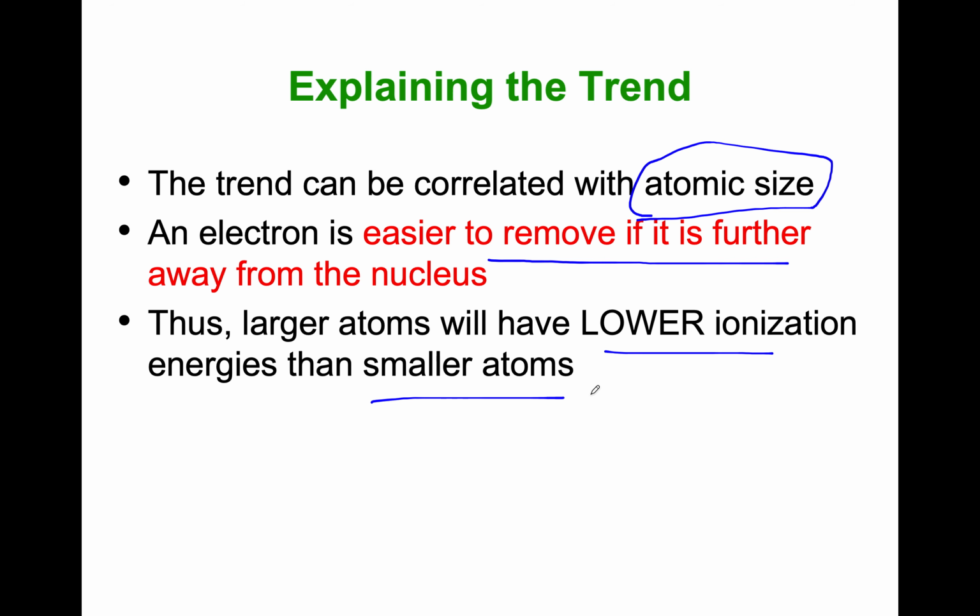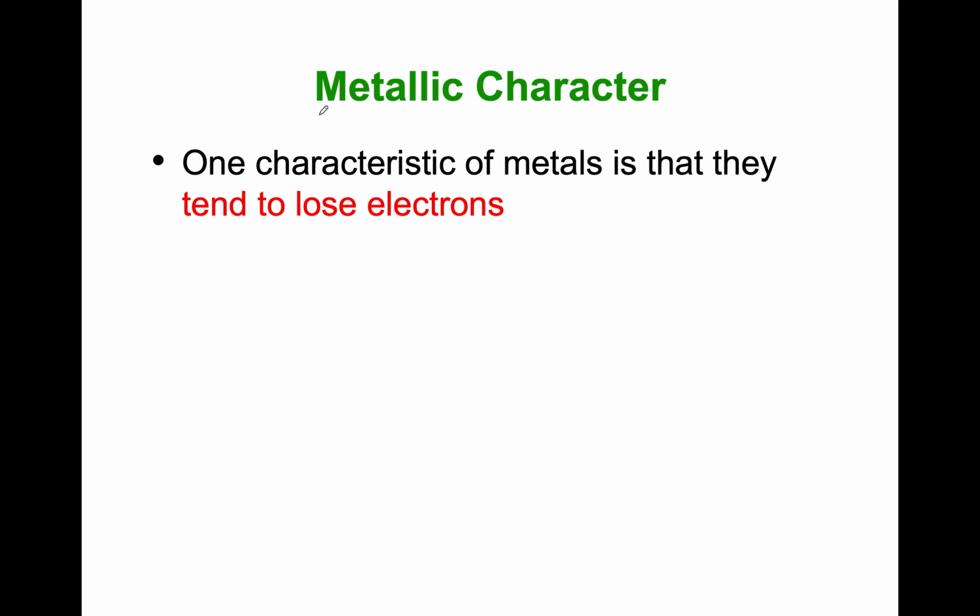The last trend that we're going to look at is metallic character. One thing to note is that metals like to give away electrons. So really this is a trend we've already looked at. This is ionization energy.